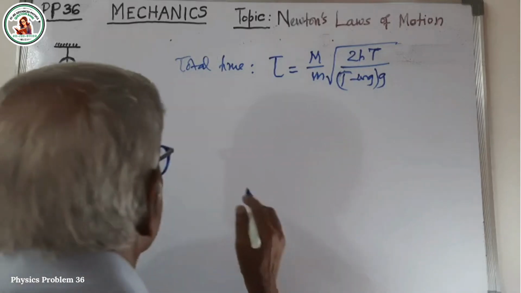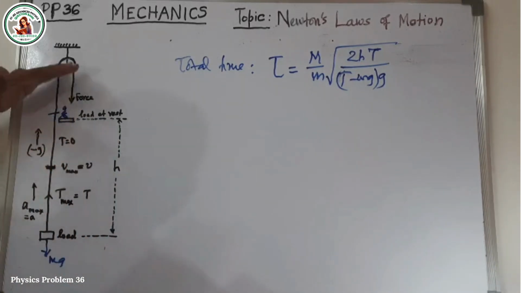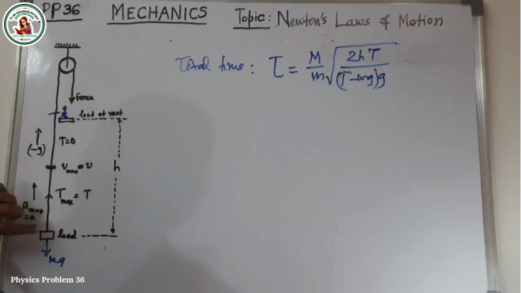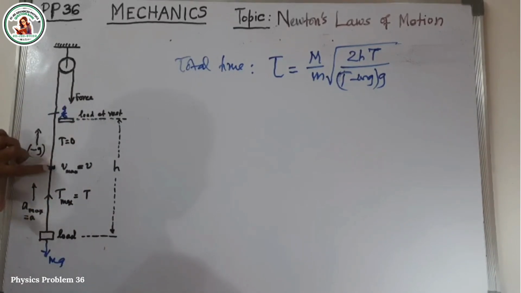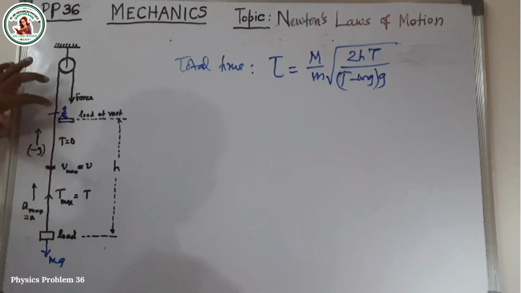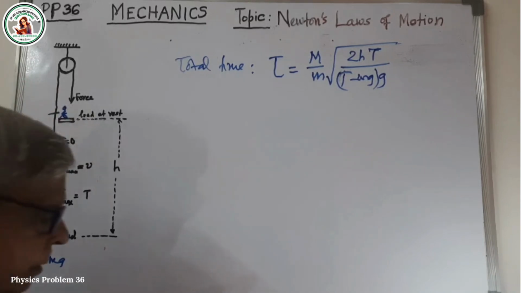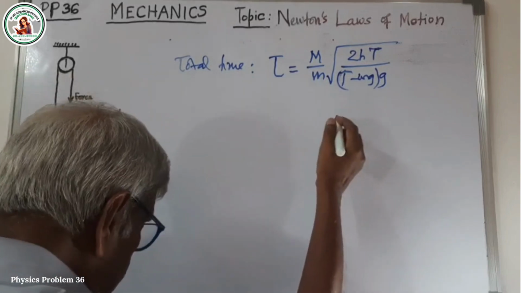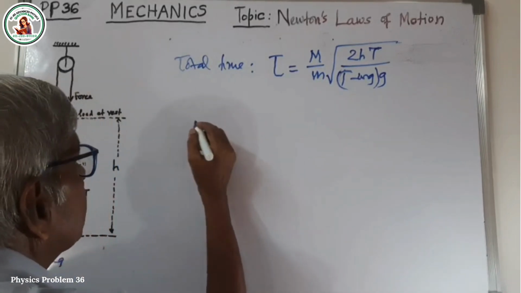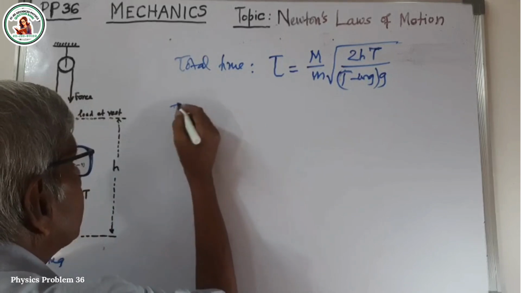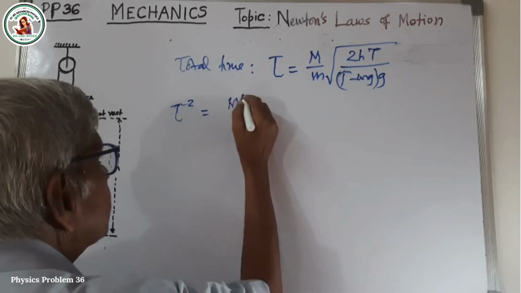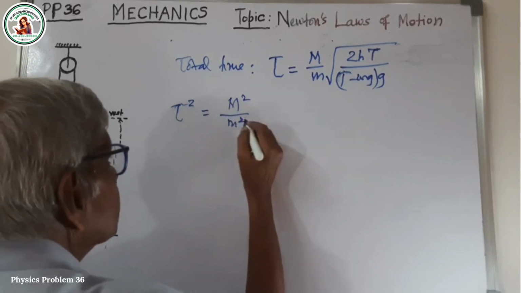You can also see the setup, the system involved, which I explained in the last class: first it is accelerated with the maximum tension, and then allowed to come to rest under gravity. Those things are on the diagram. Now tau is this. We square it for minimizing; it will be easier.